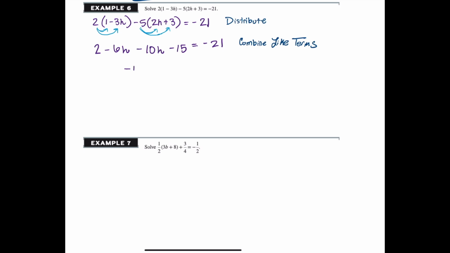Subtracting from a negative, the result is more negative. And then we have 2 minus 15. That will give us a negative 13. So negative 16h minus 13 equals negative 21.